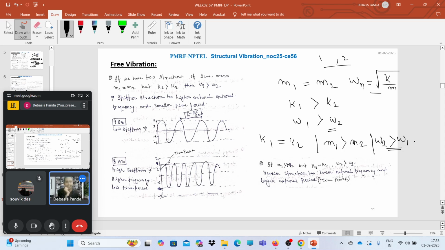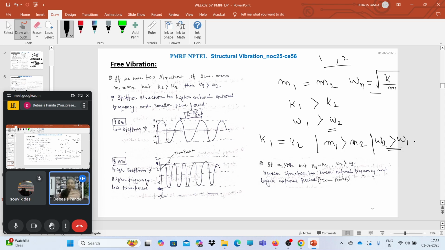That means the heavier structure, or the structure with higher mass, has lower natural frequency and higher time period, right? Vice versa, a lighter structure has higher natural frequency and lower time period.